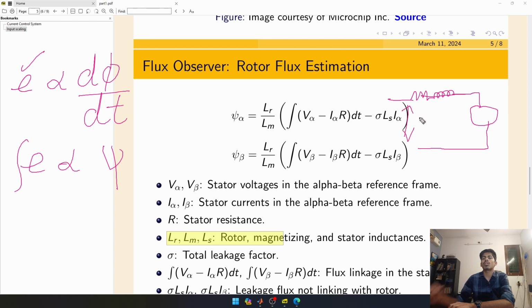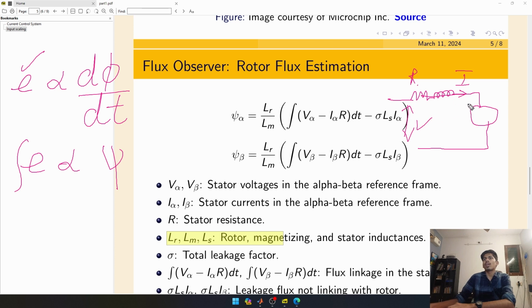This is the terminal voltage of the induction motor, which is V. We know this voltage because we are giving the gate pulses. And we know the current because we have a shunt resistor giving a real-time reading from the ADC. So I know the current, and I know the resistance.